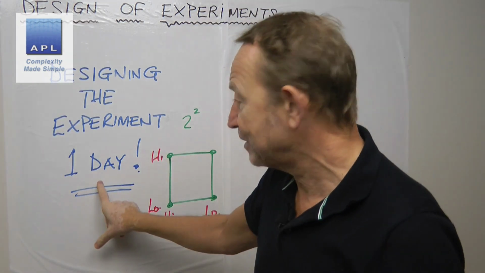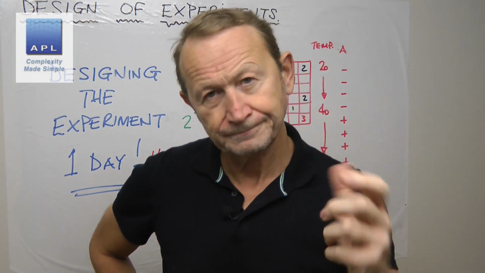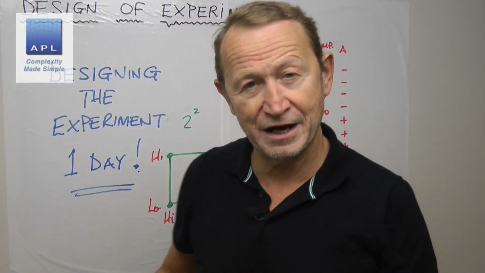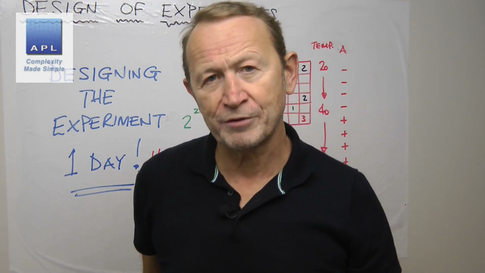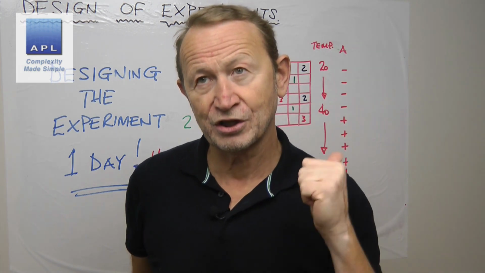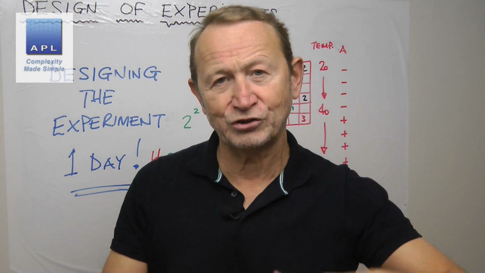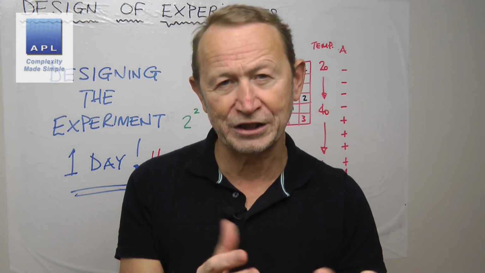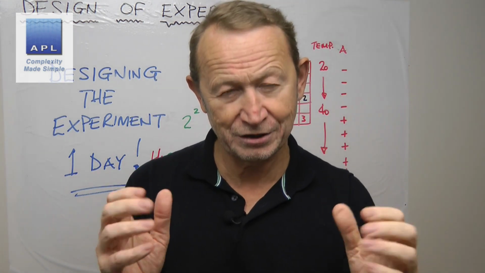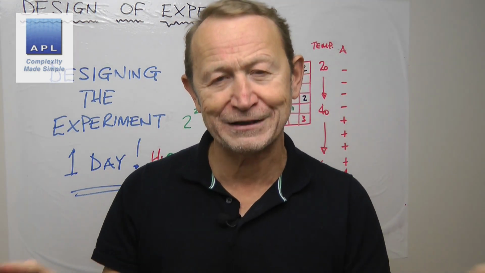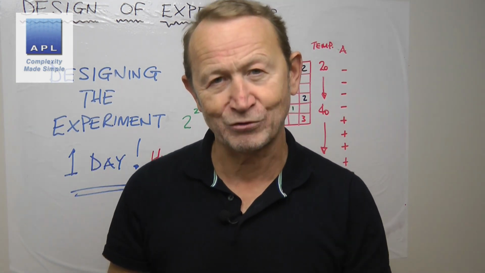No. You can spend a day doing the design and you will still get these problems. But if you don't spend a day, don't expect your experiment to work very well. We're trying to make sure that we can set the settings, we get signals, we get product, we get knowledge. We're doing things we don't usually do. Think it through, use the template, and everything will go fantastic, and then you'll get great knowledge out of your experiments.